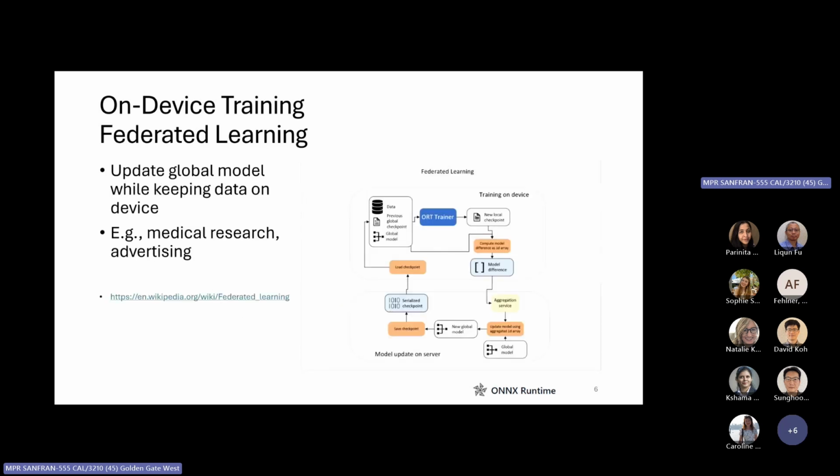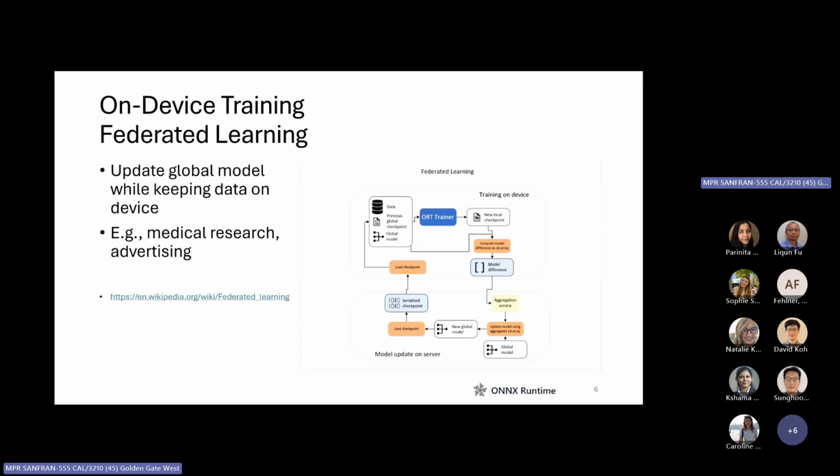The other main scenario is federated learning, in which we update a global model, but also keep the data on the device. So in this picture, it's divided into two parts. The one on the top is on the device, and that's where the training with the data happens. And separately on the bottom, on the server, that's where the global model state is maintained.